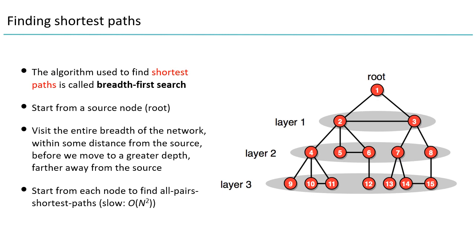Then visit the entire breadth of the network within some distance from the source before you move to greater depths farther away from the source. So first you visit your neighbors 2 and 3, and the next time you find every neighbor of all visited nodes.